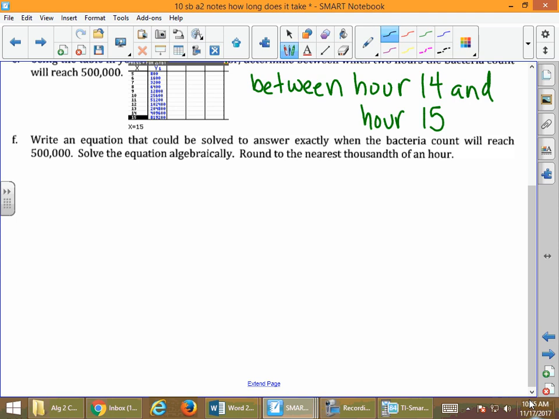And the equation now, we still have our 25 times 2 to the x. But what that equals now is, instead of y or whatever we put over there, we know the answer. It equals 500,000.